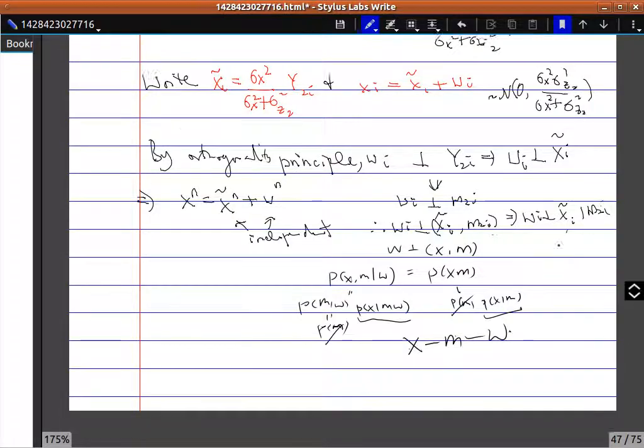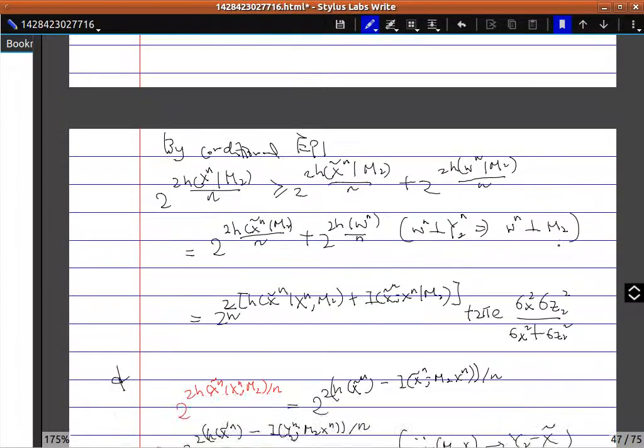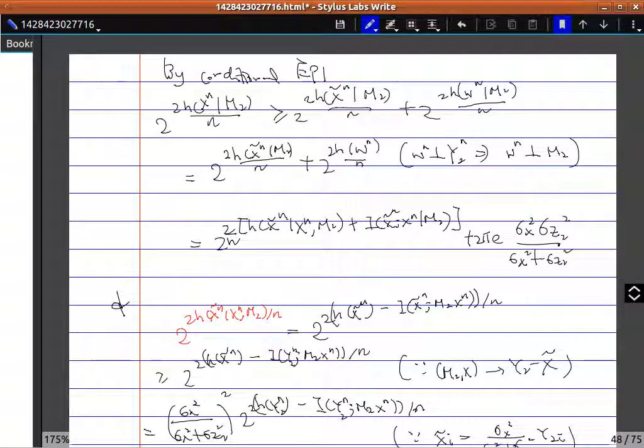So with that, we can use the conditional entropy power inequality. I discussed this in another video about the conditional entropy power inequality, and entropy power inequality in general.